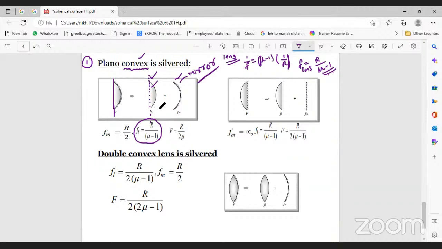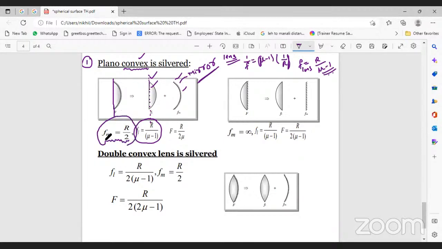This is a mirror. What is the focal length for the mirror? For a mirror, R equals 2f. So the focal length of the mirror is R by 2.